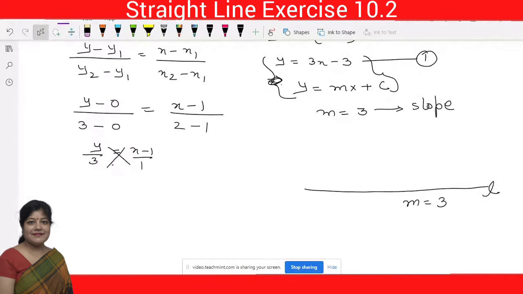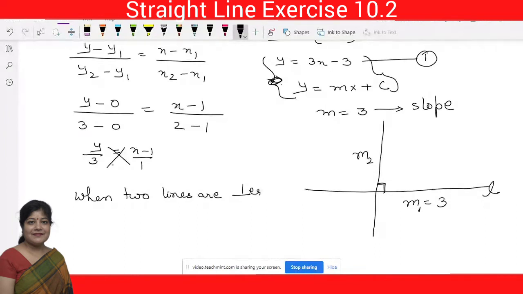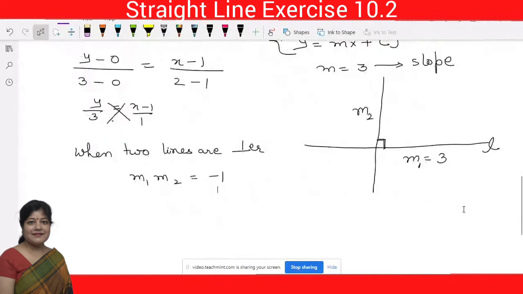Now, if a line is perpendicular to any line, then it has slope, let it be m2. This is m1. So when two lines are perpendicular, the product of their slopes is equal to minus 1. So we have 3 into m2 is equal to minus 1. So the value of m2 becomes minus 1 by 3.